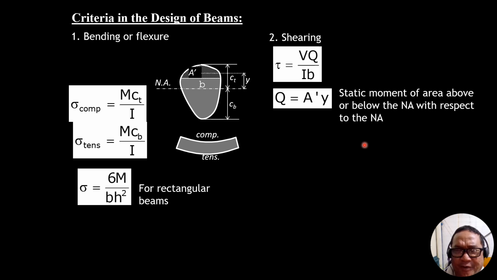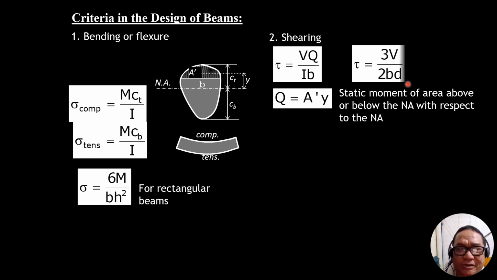So for rectangular sections, replacing Q by the area above the neutral axis, which would be b times h over 2, and y would be h over 4, or depth over 4. We replace Q by bd over 2 times d over 4, moment of inertia bd cubed over 12, and simplifying, you will have a formula for shear stress for a rectangular section equal to 3 times V over 2bd.